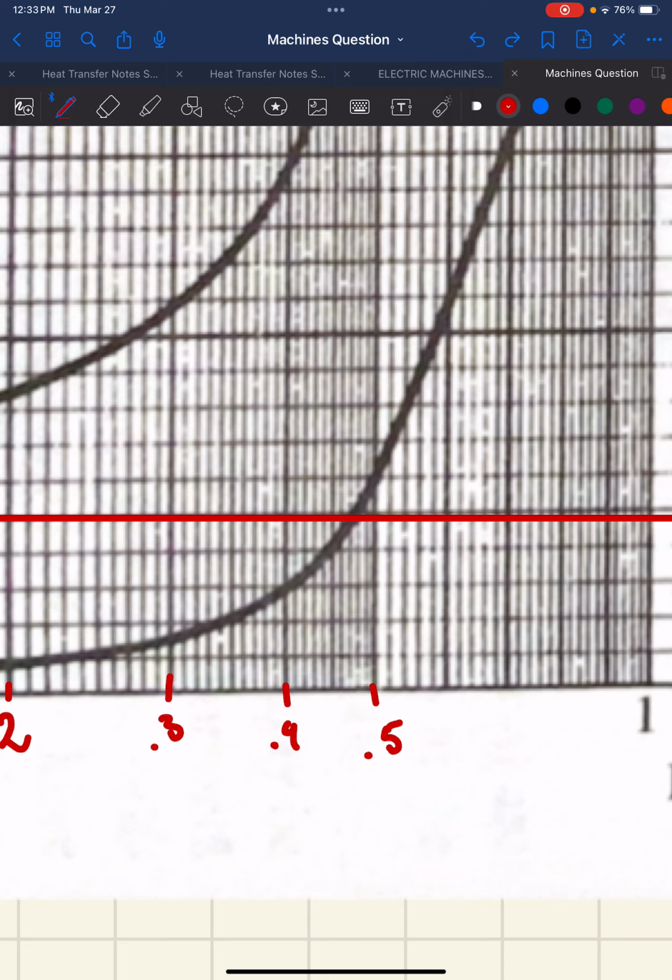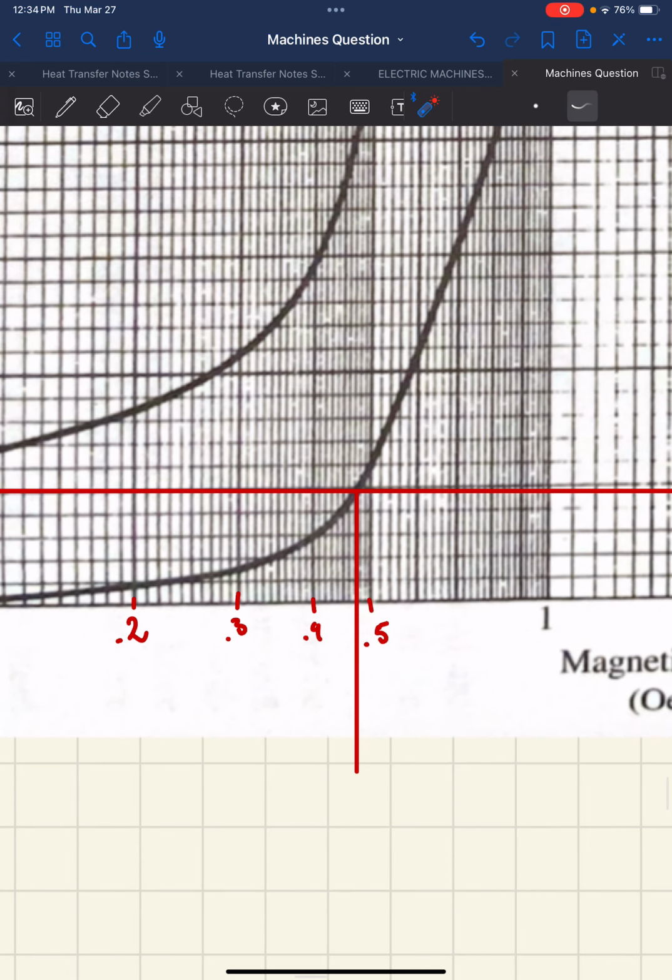Actually, what the book finds is this point over here, and maybe that's not that bad. It's pretty close to where it crosses. It's hard to see, but this would be halfway, so that would be 0.45. The next one is 0.46, and where this crosses is around 0.47.